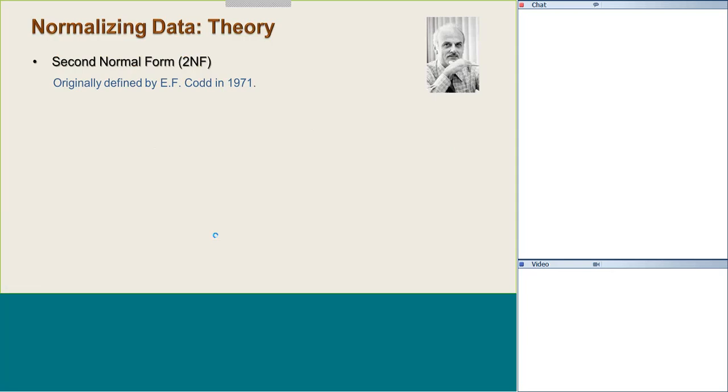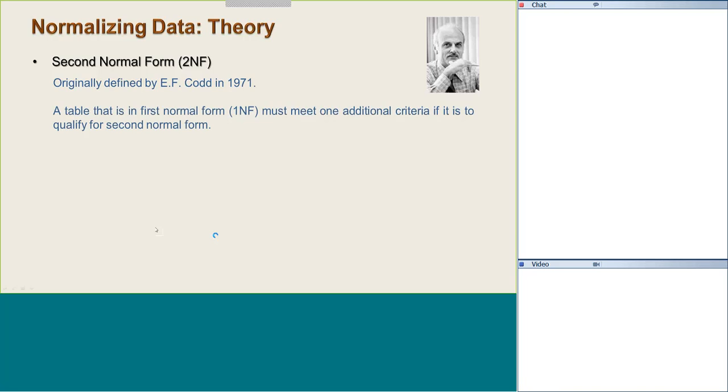And his definition of second normal form, when you take all the theoretical out of it and consolidate it, looks like this. A table that is in first normal form must meet one additional criterion if it's to qualify for second normal form.